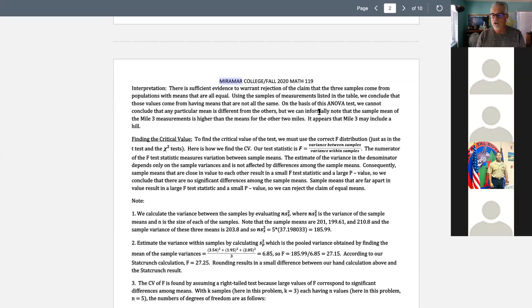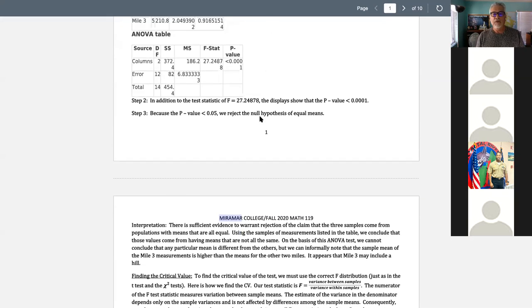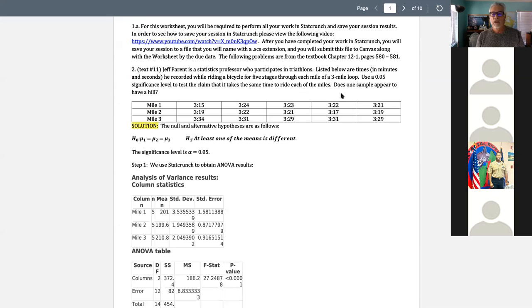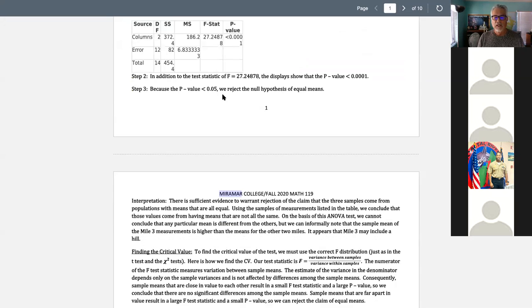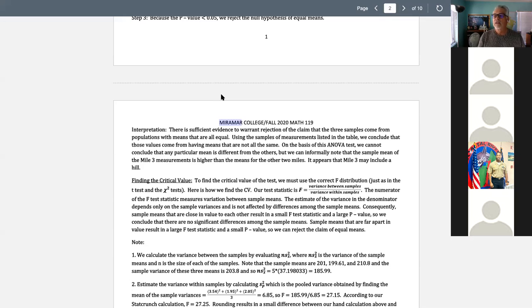So on the basis of the ANOVA test, we cannot conclude that any particular mean is different from the others. Now, in the statement of the original problem, it was posed, does one sample appear to have a hill or something that might have slowed down the triathlete here? Even though we rejected the null hypothesis, we conclude that at least one of the means is different.